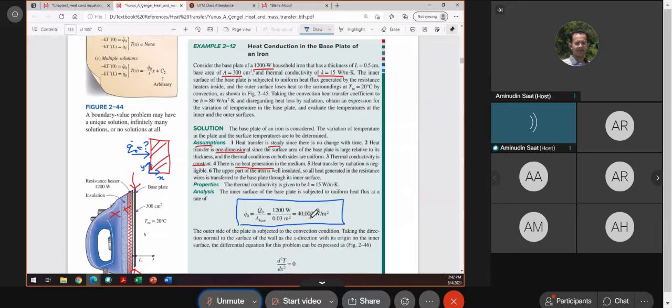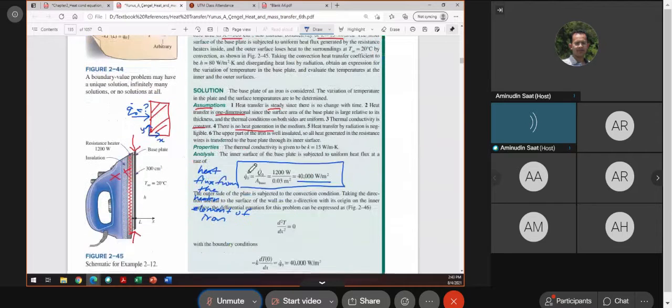So it's basically 4000 watt per meter squared, because this is the heat flux from the heater element of the iron.